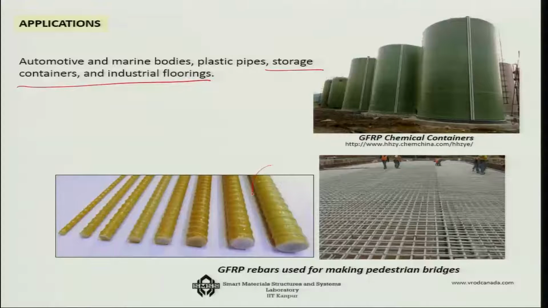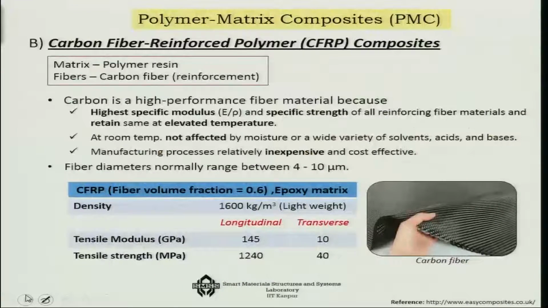You can see that this is a typical ribbed bar, which is made of GFRP rebars, used for making pedestrian bridges. So there are varied applications, and GFRP is coming up to be, I would say, one of the most widely used composites because of these advantages.